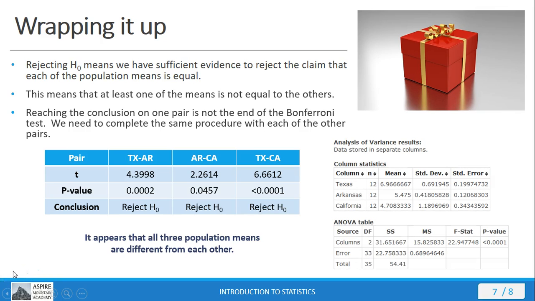Informally, we could kind of get a sense of that if we go back to our results window from the one-way ANOVA test and look at the mean values here. You can see they're not really in the same neighborhood. None of the three are living in the same neighborhood, and so you can kind of get a sense that all three of them are different, but again, this is an informal method. It doesn't provide formal statistical evidence to make a formal conclusion.